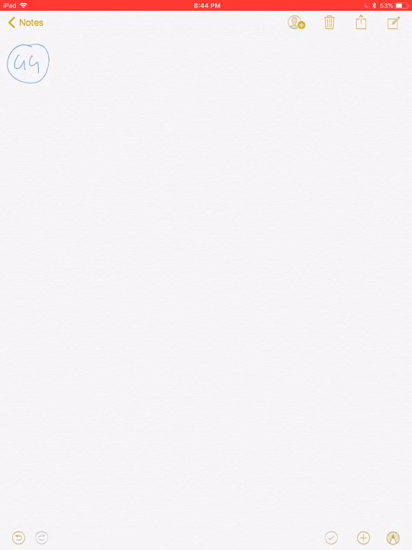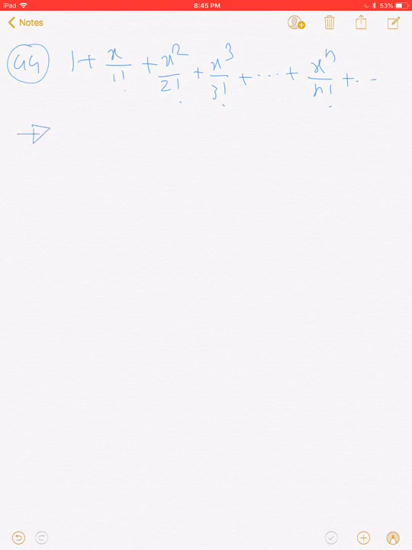We have to check the convergence of this power series, where the series is 1 plus x upon 1 factorial plus x square upon 2 factorial plus x cube upon 3 factorial ... plus x raised to the n upon n factorial. We know that if an x raised to the n is any given power series, then by using the ratio test we can find its limit.